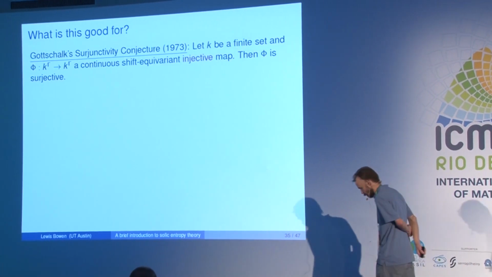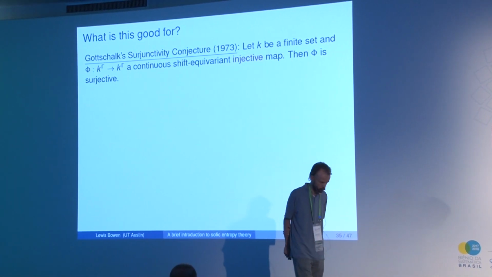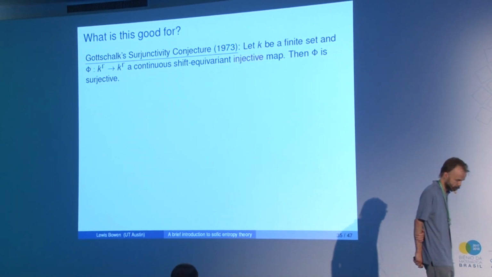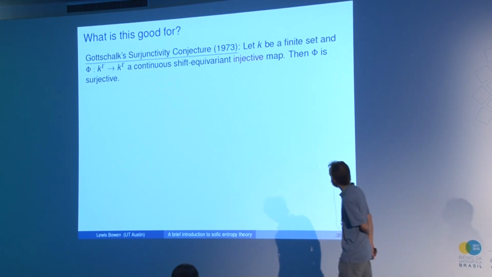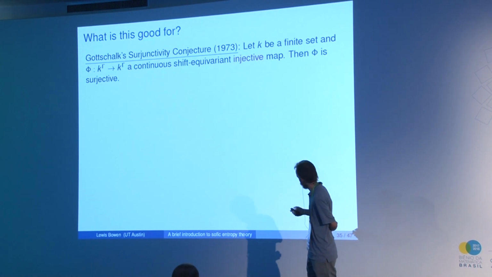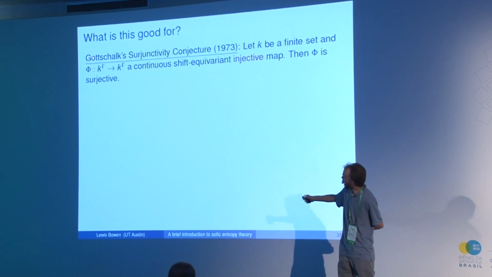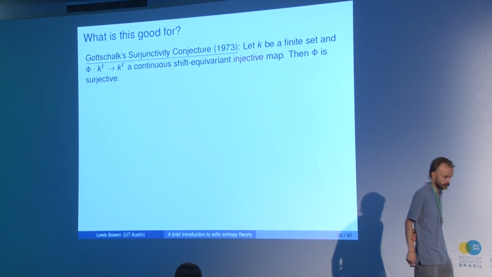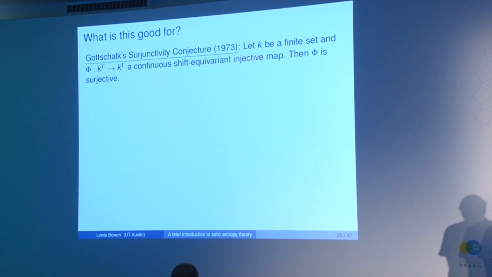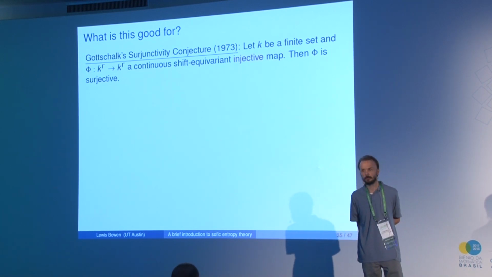Okay, so let me give you a quick application of Sofic entropy theory before getting to the measure theoretic case. In 1973, Gottschalk conjectured the following. If we have a finite set, and we have a map from K to the gamma to K to the gamma, which is equivariant and continuous, if it's injective, then it has to be surjective.